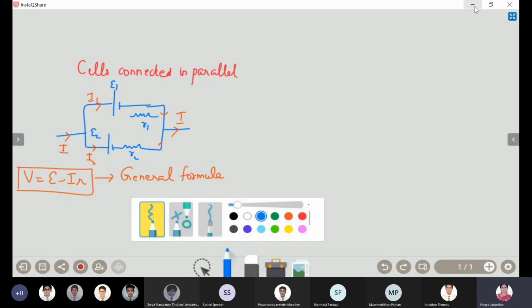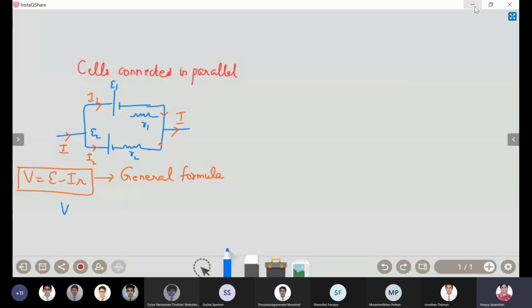Now, when we apply the general formula for cell 1, V becomes equal to E1 minus I1 R1.